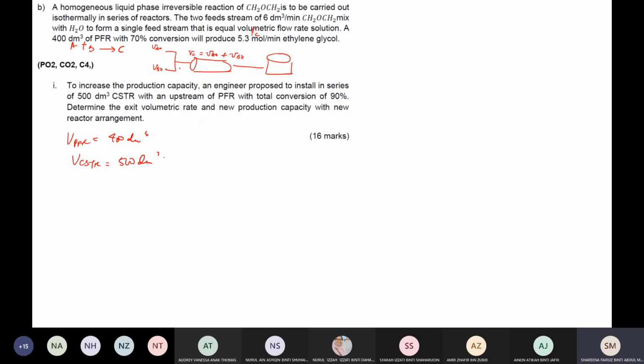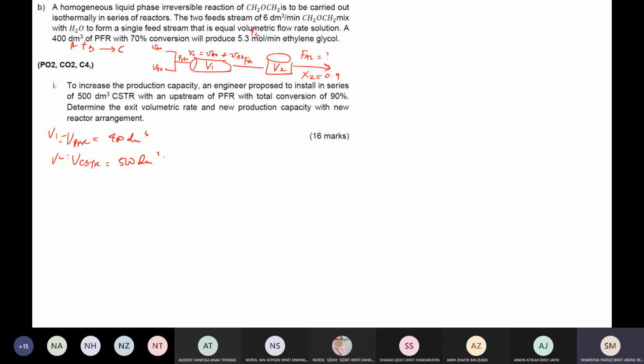From here we have FA1, and of course this is FA naught, and then we have FA2, which we don't know. Here V1 and V2 are given, this is V1 and this is V2. And X2 is given, it is 0.9.